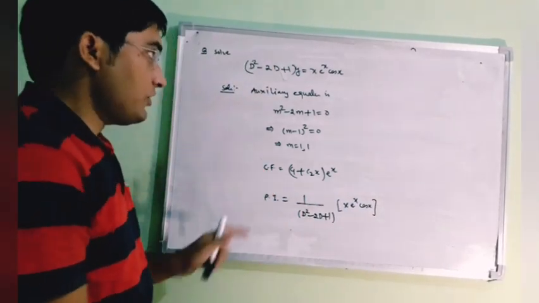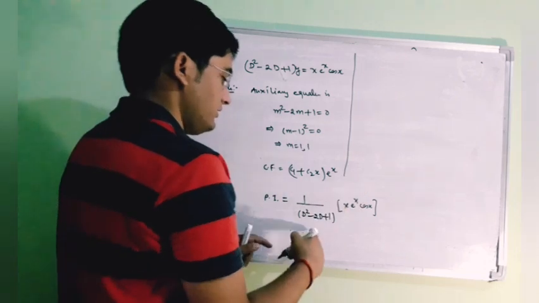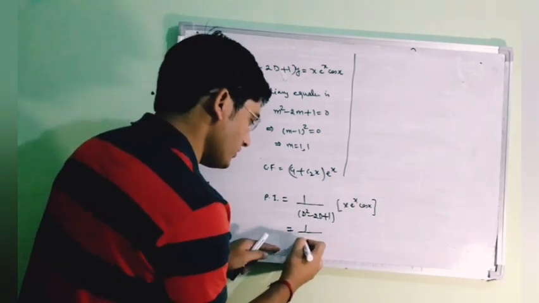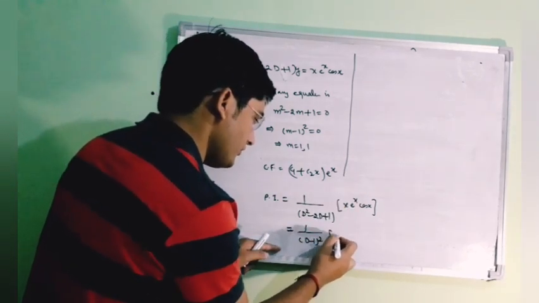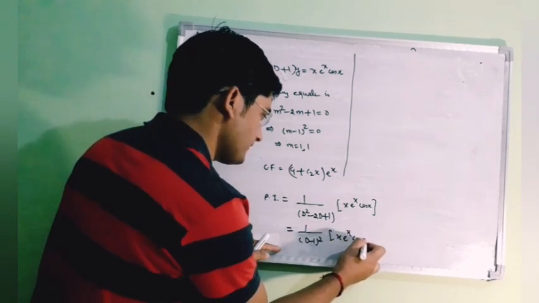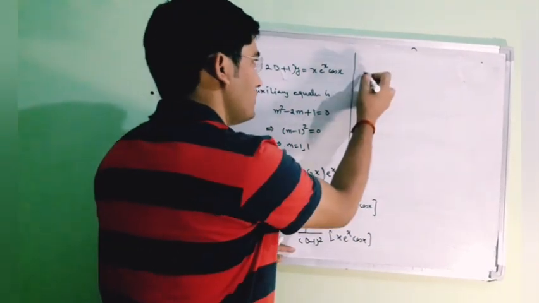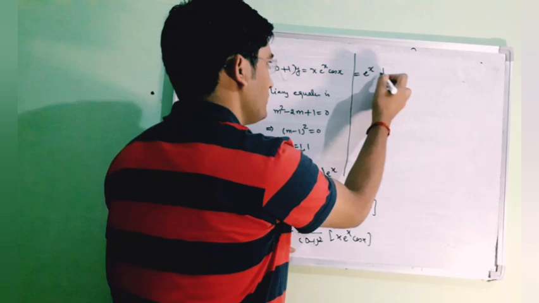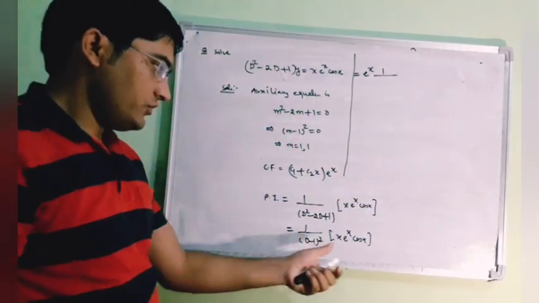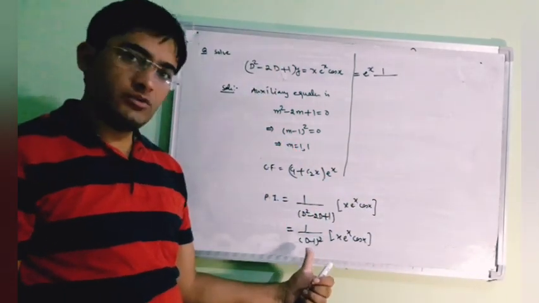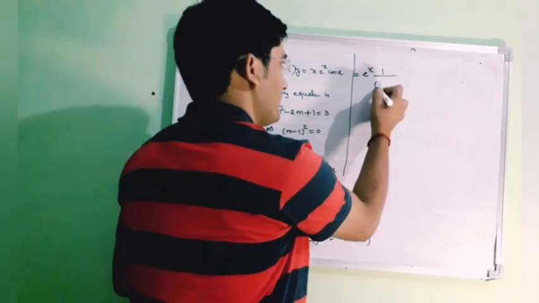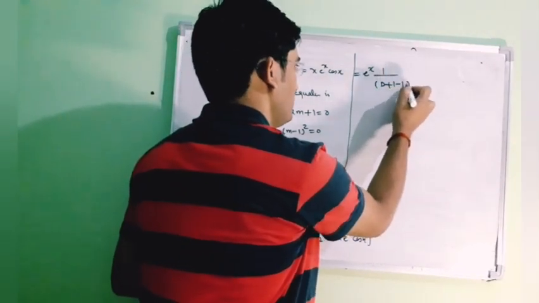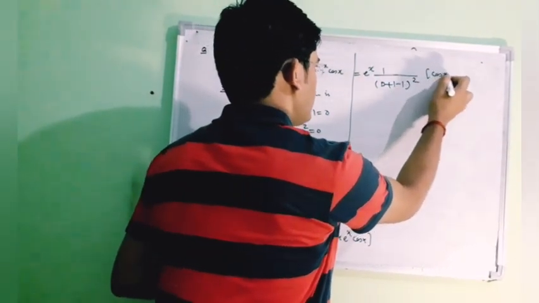Now this can be written as 1 upon d minus 1 whole square of x e to power x cos x. Now if you take the e to power x common, then our d will be replaced by d plus a, so that means d plus 1, and in the bracket we will have cos x.